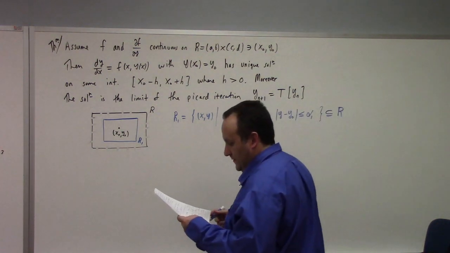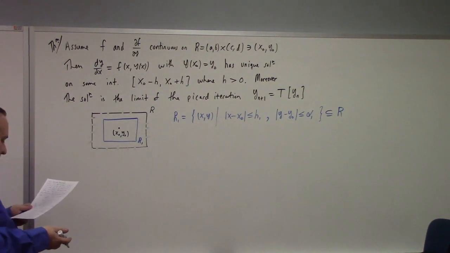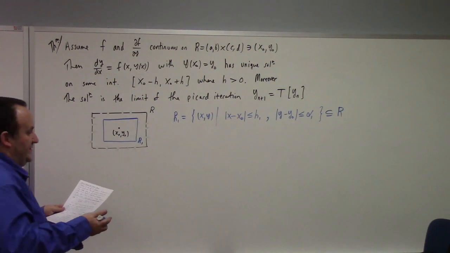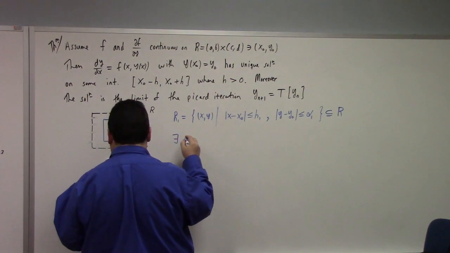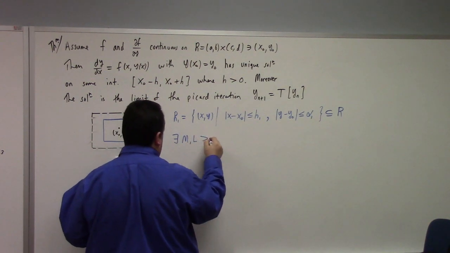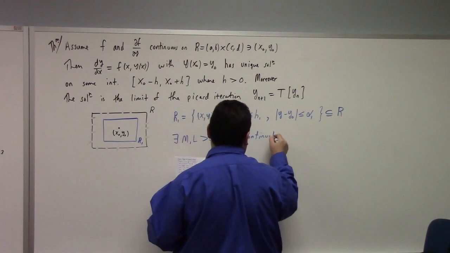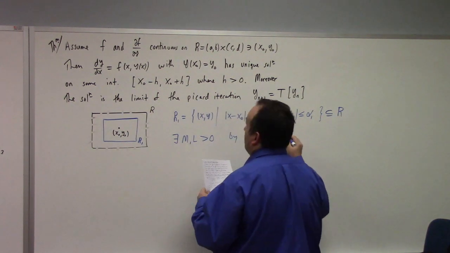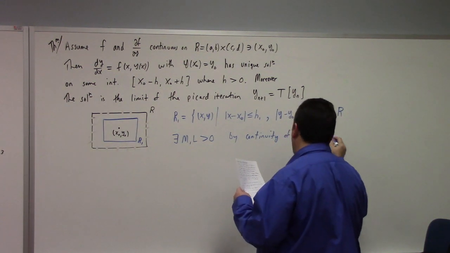So then what? He says, since R1 is closed and the partial f partial y is continuous, basically by the extreme value theorem, there exist M and L greater than 0, by continuity of f and partial f partial y, right?